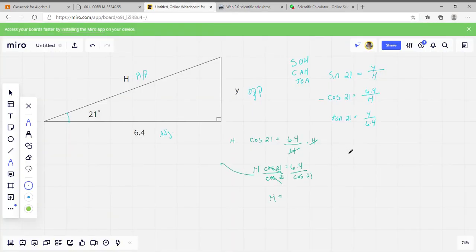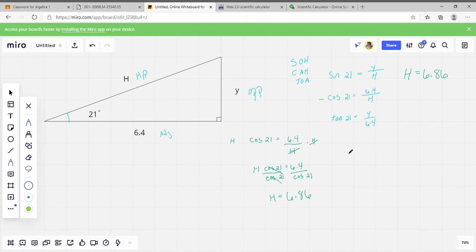Now let's see, does that seem about right? If this is 6.4, the hypotenuse, yeah, that could be 6.86. So our h equals 6.86, and that's actually the correct answer.